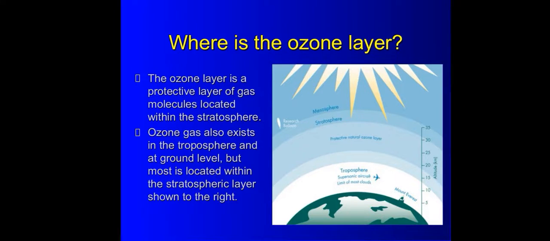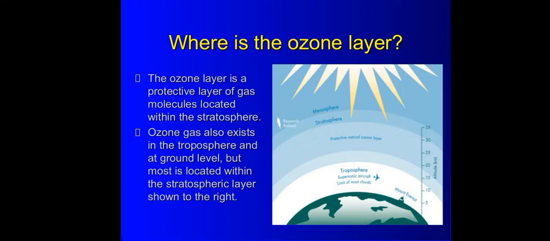The ozone layer exists in the stratosphere, which is well suited for the stability of ozone, because ozone is highly unstable and short-lived in other layers of the Earth's atmosphere. In the stratosphere, the main function of this protective ozone layer is to absorb harmful ultraviolet radiation emitted by the sun.